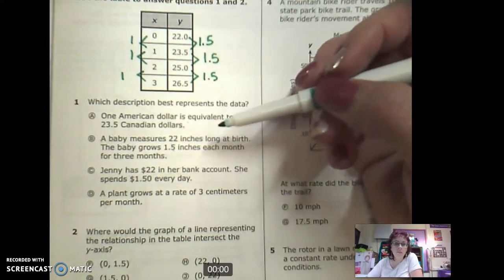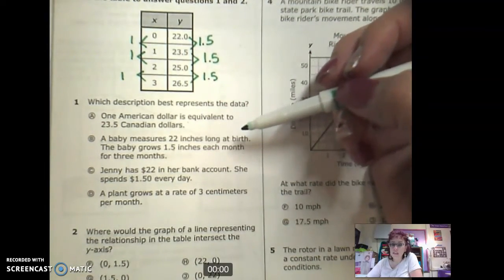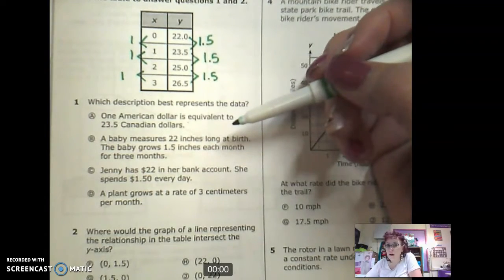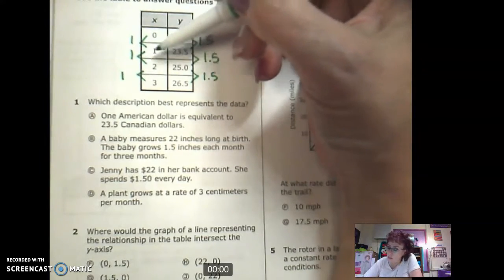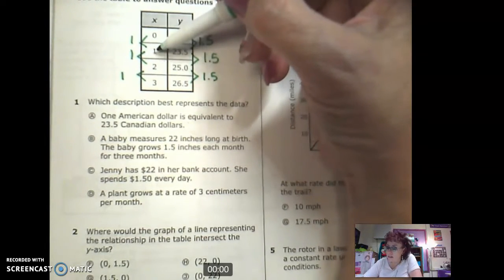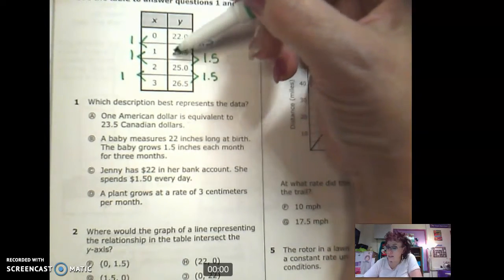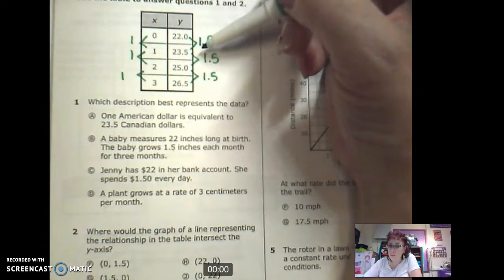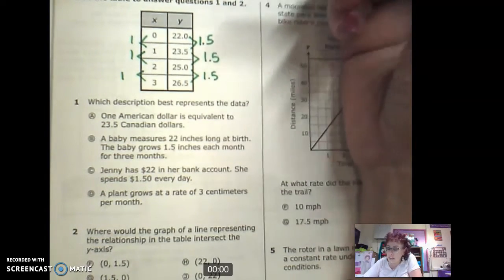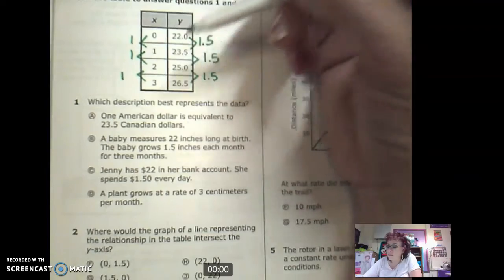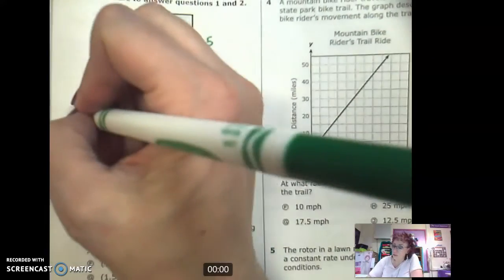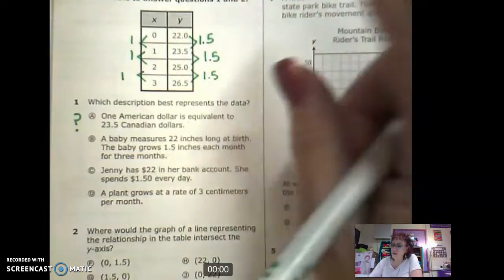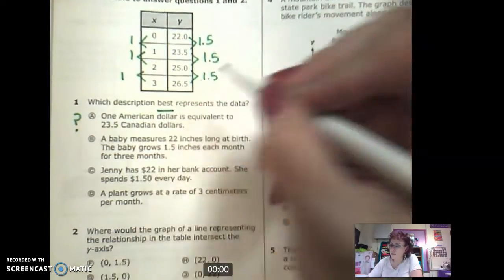A says 1 American dollar is equivalent to 23.5 Canadian dollars. Well, we can look at our table. That is true. You do see that 1 corresponds to 23.5, but maybe. You could even put a question mark. Remember, we're looking for the best representation.